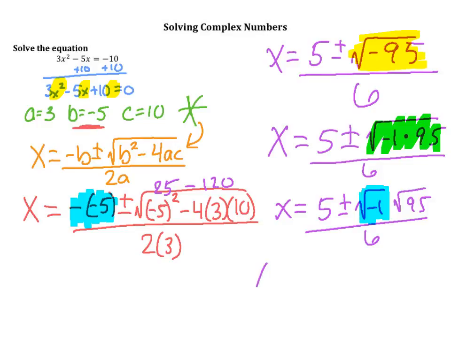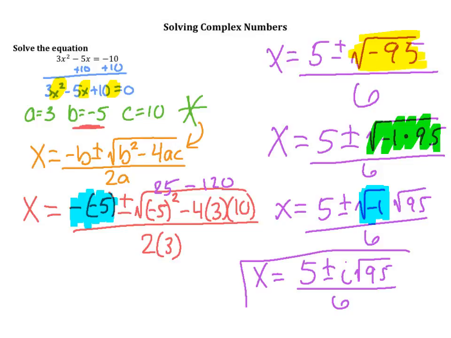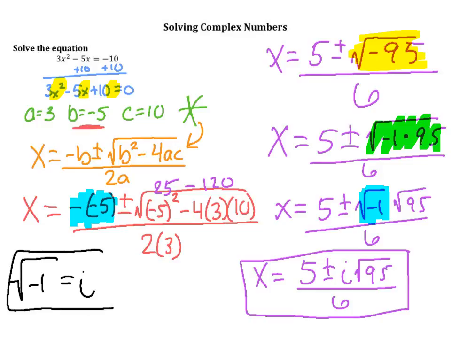Well, the square root of -1 equals i. And then that square root of 95 still stays there, as well as the 6. So this is the final answer. One more note here. The aha from this lecture is that the square root of -1 is going to equal i. That is something that you need to remember for complex numbers.